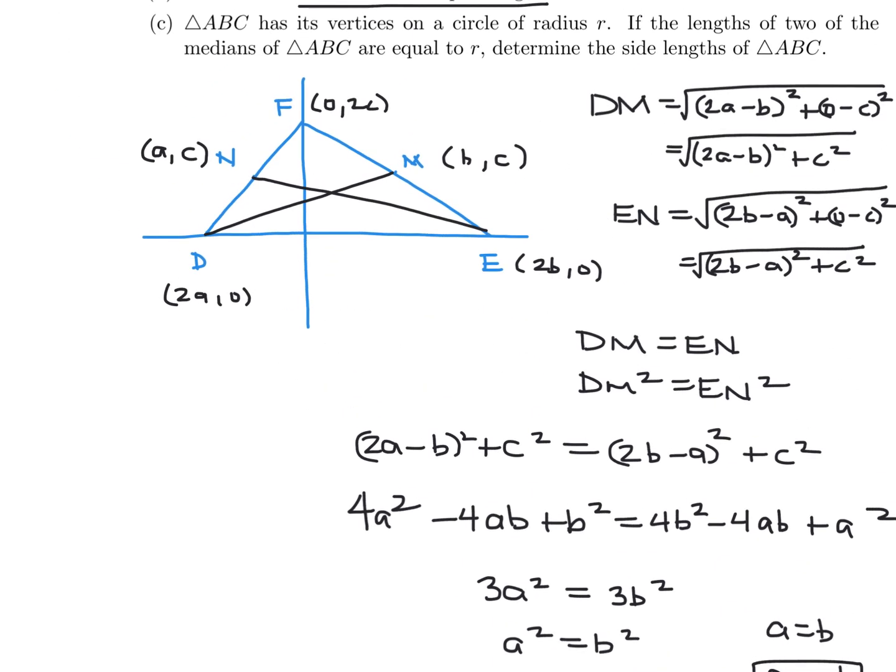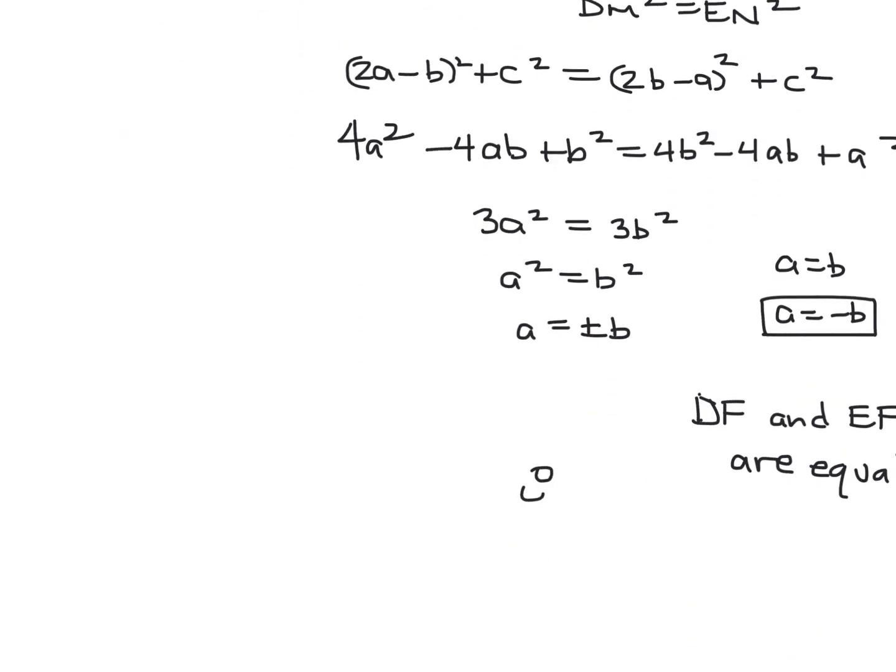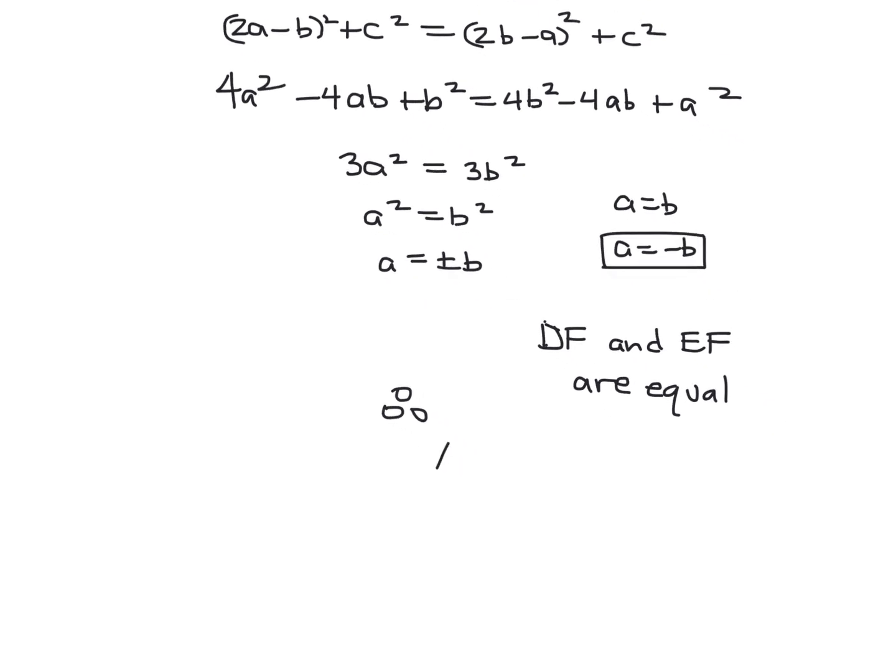DF and EF, because if this is equal to that, then they're equal in length, and therefore that triangle would be isosceles. And therefore triangle, what is the name of that triangle again? DEF. Yeah, DEF is isosceles, meaning they have two sides that are equal.